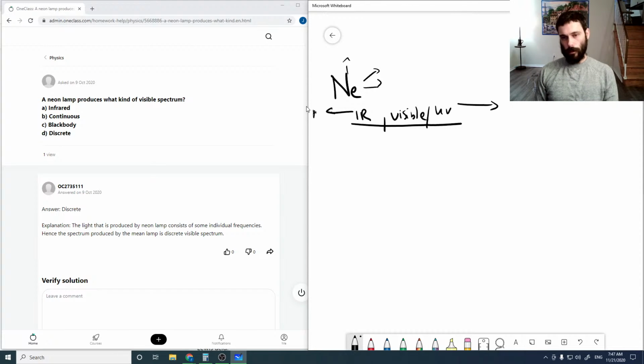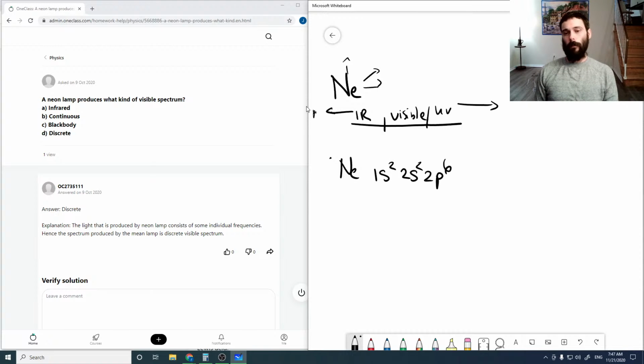If we look at this closer, neon is a noble gas. Its electron configuration is 1s2, 2s2, 2p6.